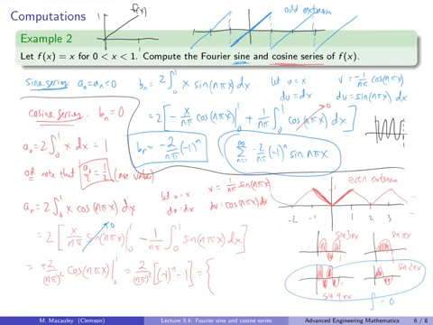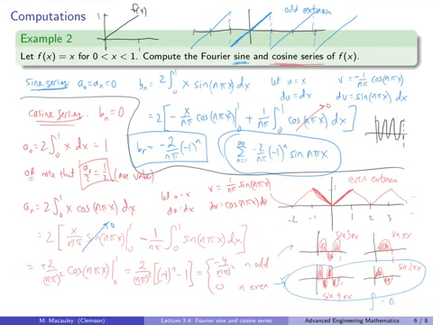When n is even, this is 0, and that is exactly what we verified right there. That's good, as it should be. And when n is odd, this becomes negative 1 minus 1, that's negative 2. So this is negative 4 over n pi squared when n is odd. So that's the area under the curve, the signed area under these curves.